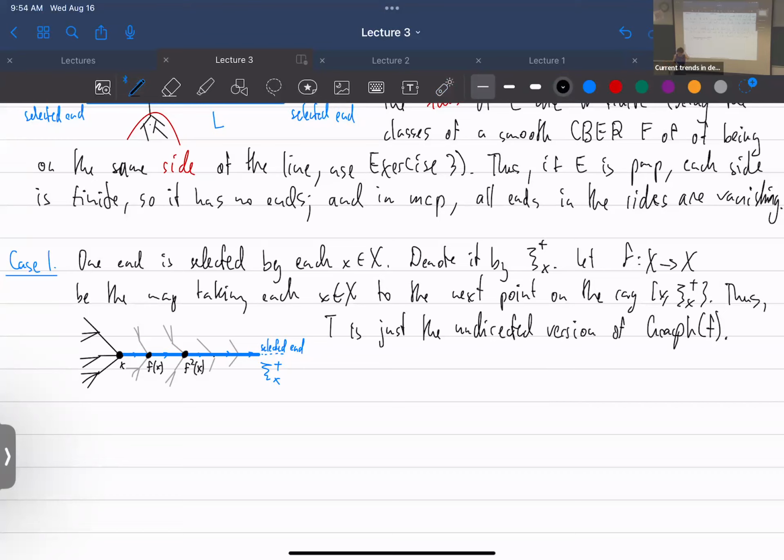Okay, all right. So now T and the graph of f are the same things for me at this point. This is f.